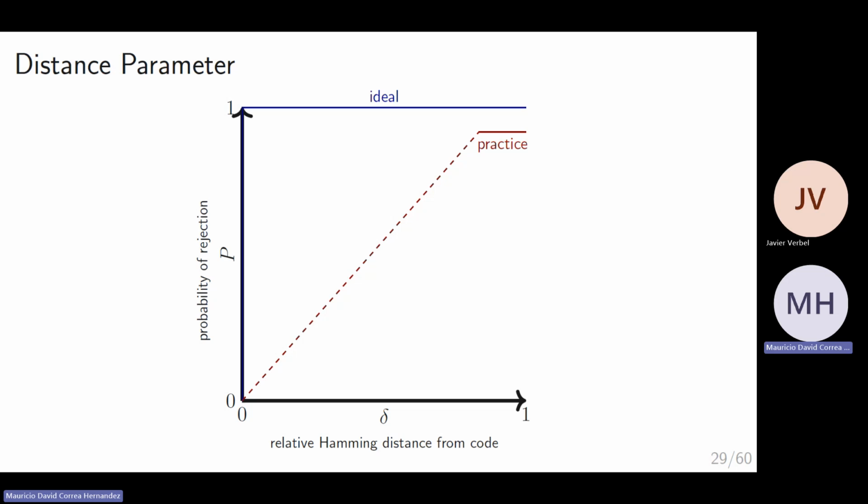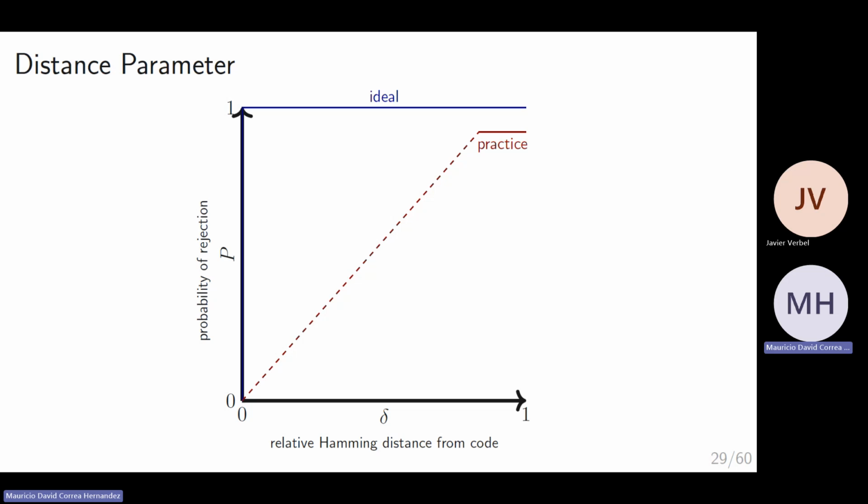I'll get to your question later. But in practice, we cannot really achieve this ideal behavior. Instead, we can only approximate the ideal endpoint, which is having a high likelihood of rejecting falsehoods, if we restrict attention to vectors that are either in the code or far from it.